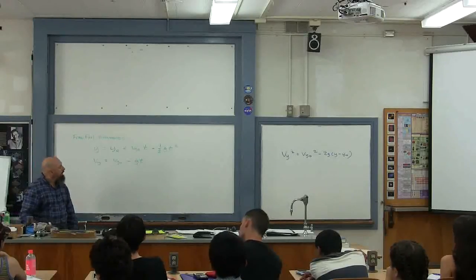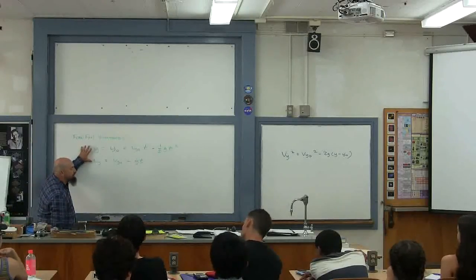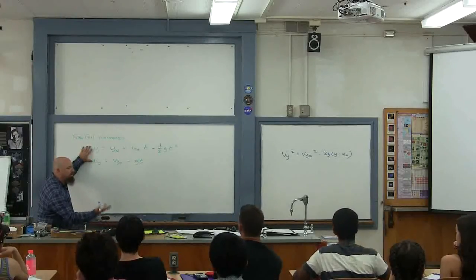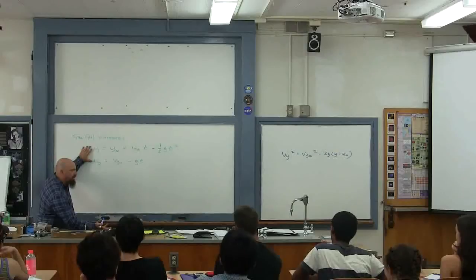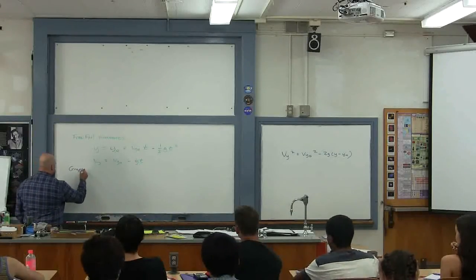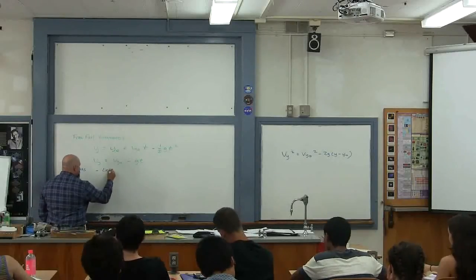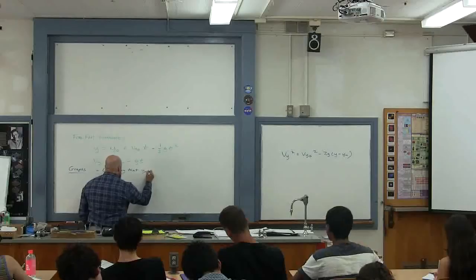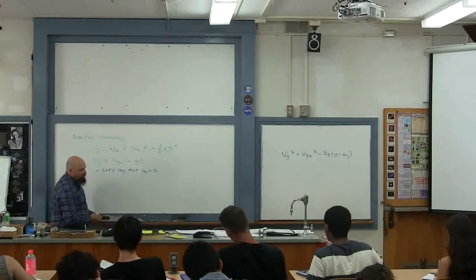Okay, let me sketch out what these equations look like for three simple situations. Once again, this is to clear up misconceptions that you may have had previously. Let's say the object starts at the origin, so the initial position y0 is equal to 0.